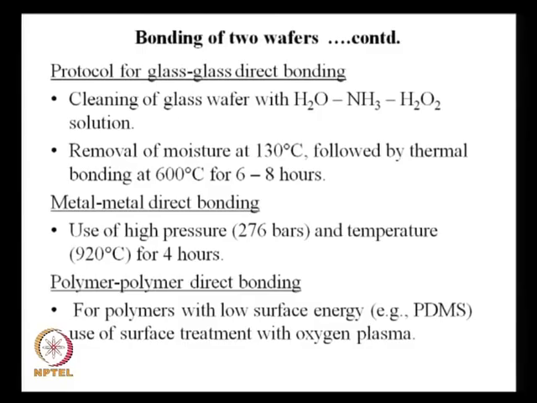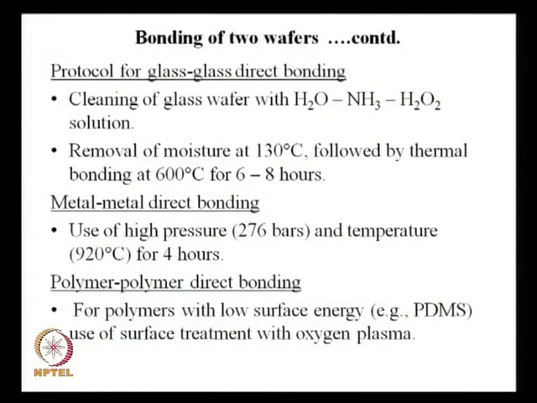So, it is a very straightforward protocol. Take the two layers, first make sure that the surface is properly treated by dipping it in certain liquids, and then put it in the furnace at a certain temperature. You have to hold it for a certain amount of time, and the bonding will be over.